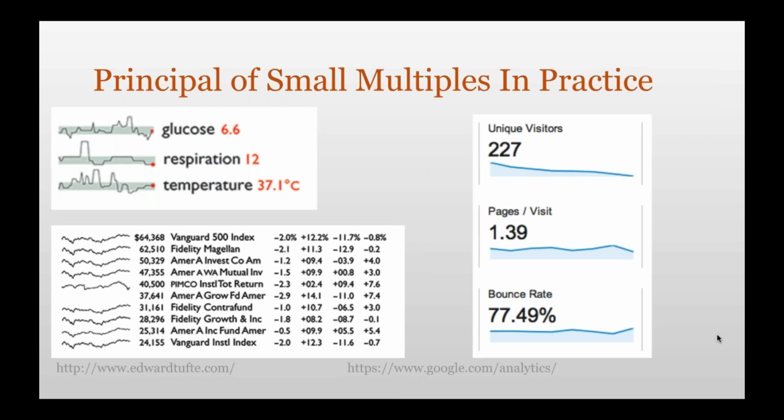Looking at this table, is there one that stands out as being different from the rest? Anyone who works in finance might be able to pick it out by the names, but otherwise, you could just use the spark lines to see if there's anything that is sticking out.